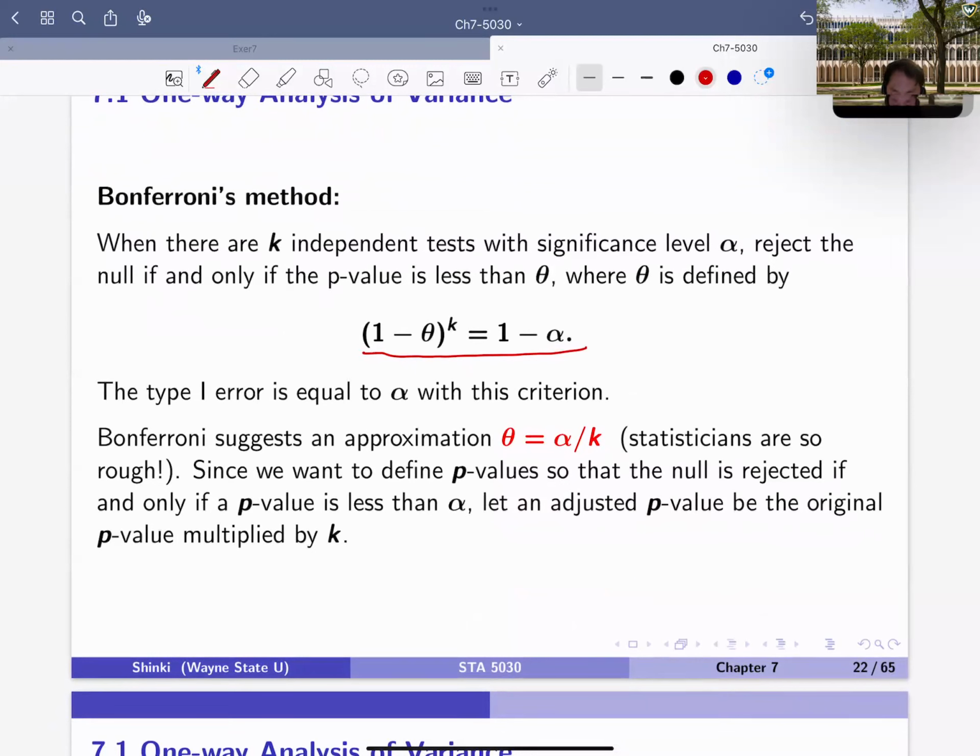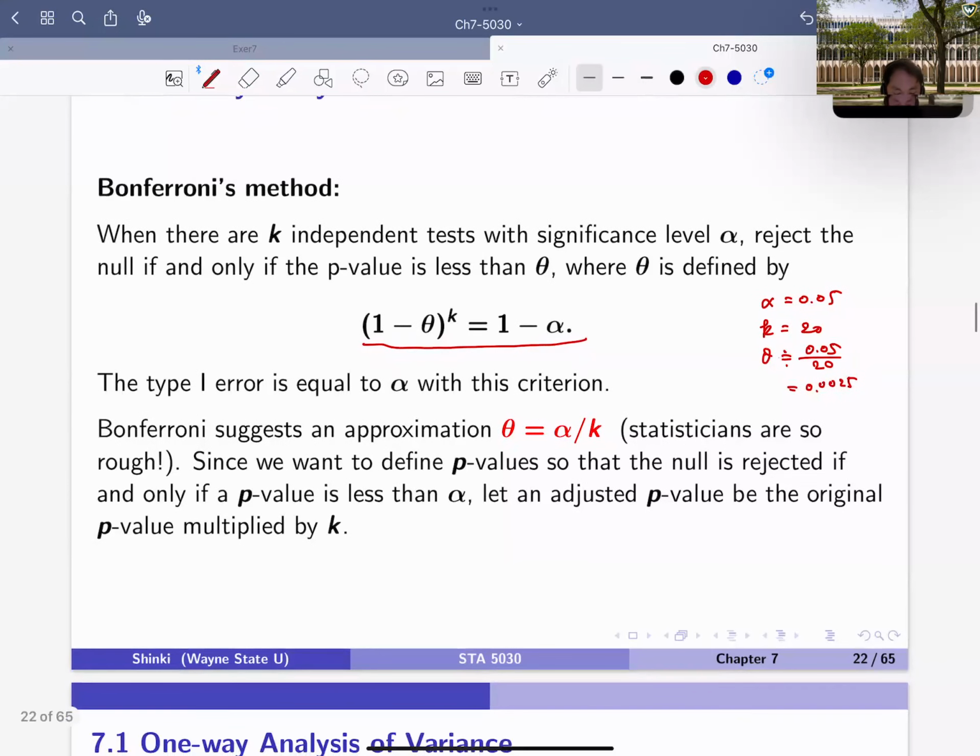For example, if alpha is 0.05 and k is about 20, then theta is about 0.05 over 20, which is about 0.0025. That is clear from the Taylor expansion of the left-hand side.